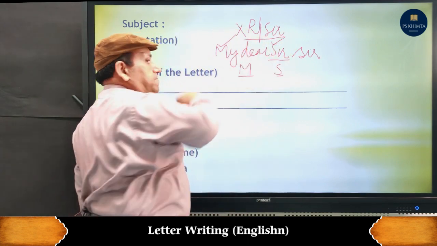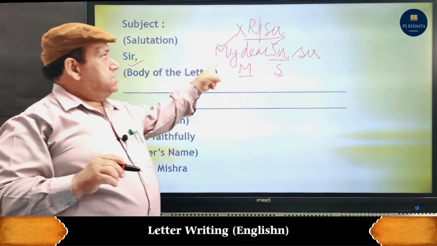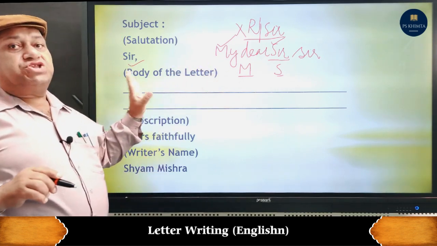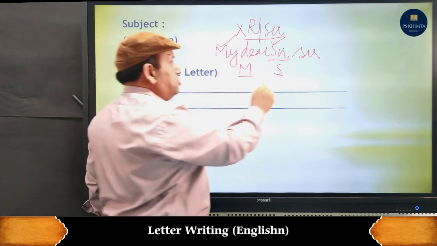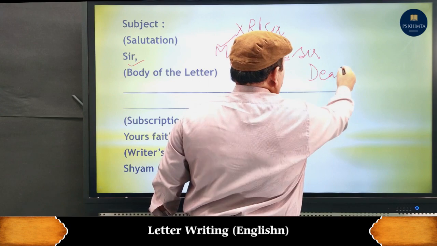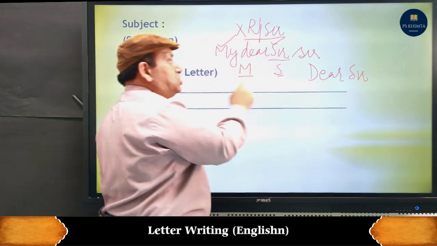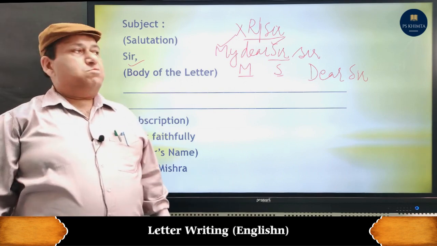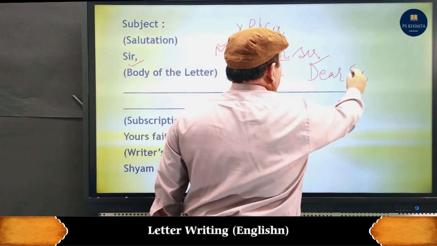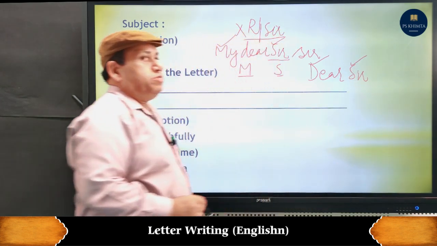This is also wrong. The only correct way is this one: Sir, capital. If it is Dear Sir, as people sometimes write because you are writing to the Tribune editor or some editor of some newspaper, write it like this: Dear Sir. So Sir should not be small, because it is the first letter of the last word, and Dear is the first letter of the first word. Both should be capital.